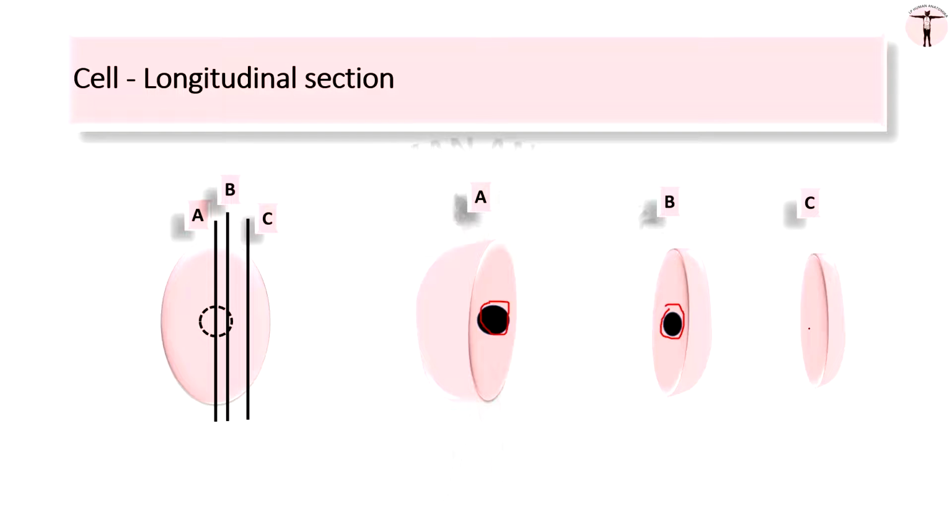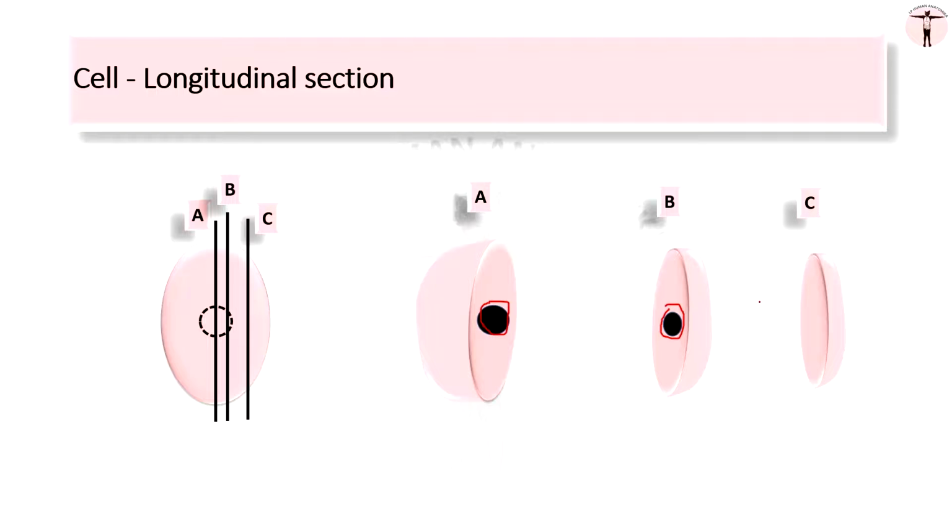The difference in the size of the cell depends on the shape of the cell in different planes of section. If it is oval, it reduces in size as the plane passes towards the periphery. If it is cuboidal or columnar, the size of the cell remains almost the same.